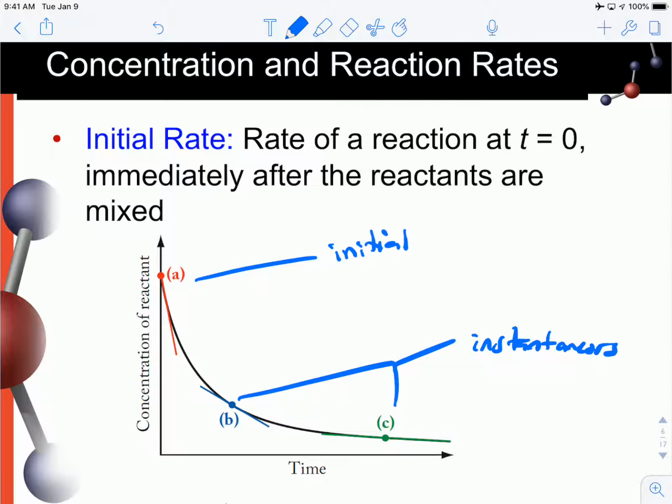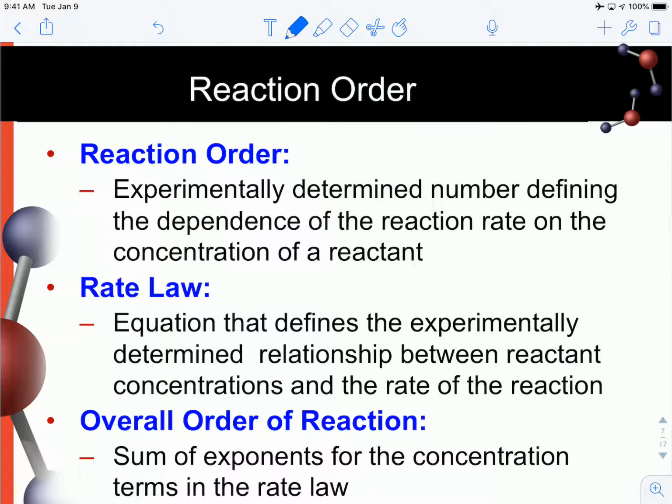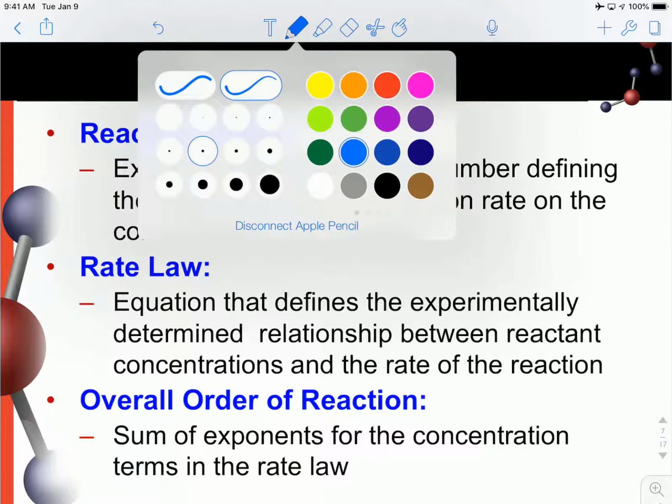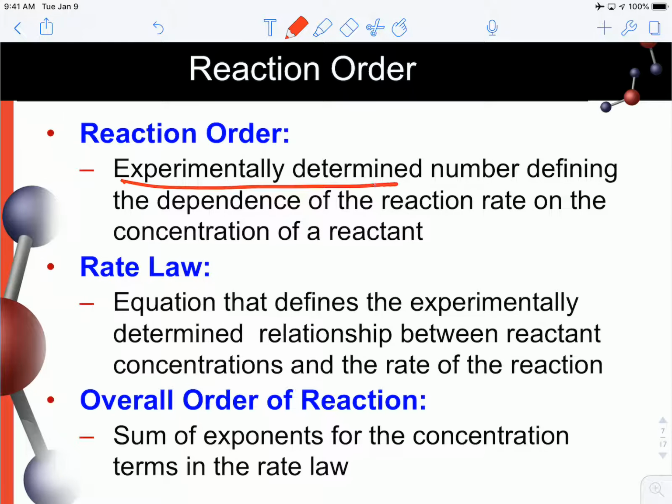Okay, that's all there. Now, one of the first things in your chapter that's really important is this idea of reaction orders. It's important to realize this is experimentally determined. It's an experimentally determined number defining the dependence of the reaction rate on the concentration.